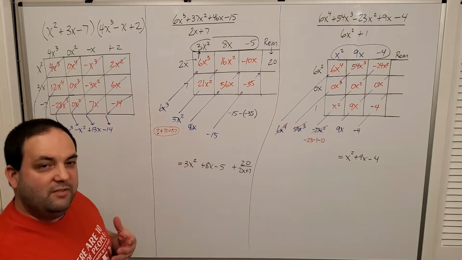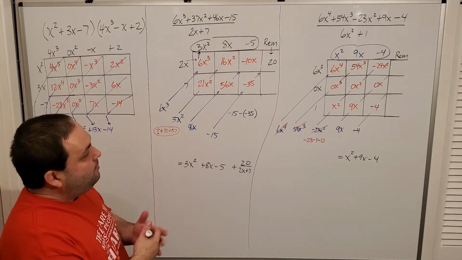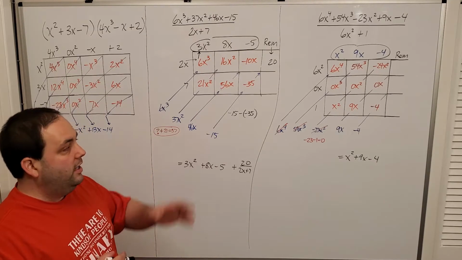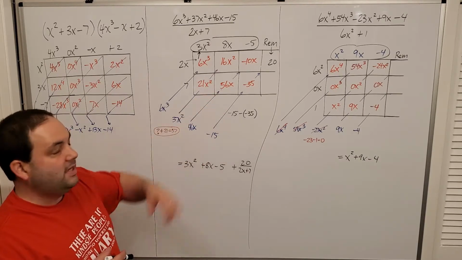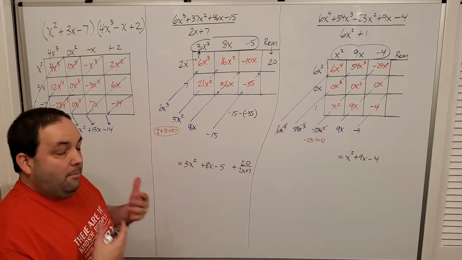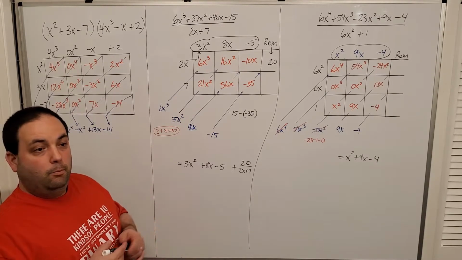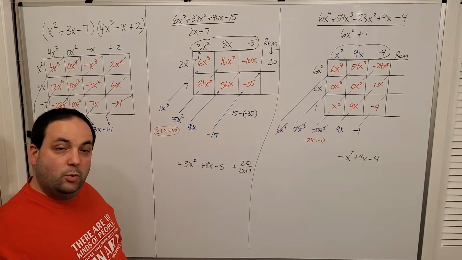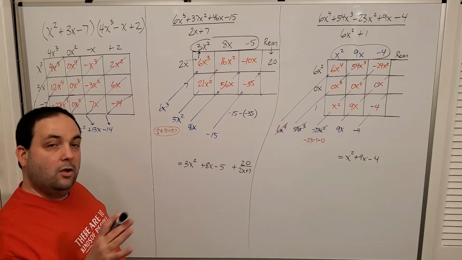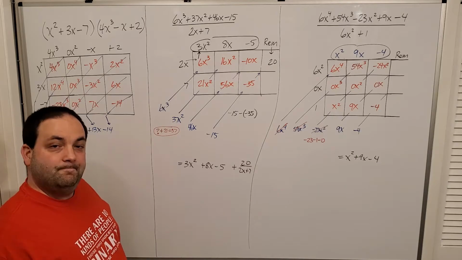It's always what it makes me feel like. So this method is just as powerful as long division. It will always work if you set it up properly. Make sure you don't miss any spots. Okay? And in my opinion, it's more organized. But you know, it's whatever works best for you. The long division or this method are comparable to each other.